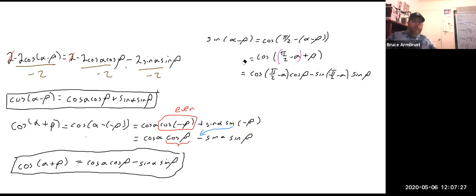All right, yay. But now I want you to notice a couple things. First, this guy right here. We have cosine of pi over 2 minus alpha. We can actually use that same cofunction relationship to turn that into sine of alpha.